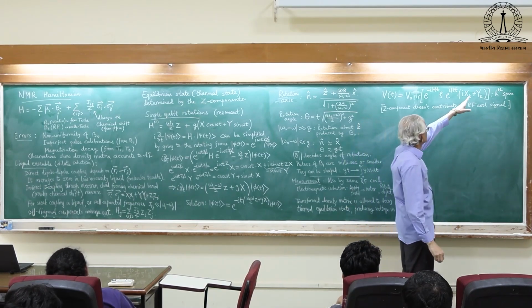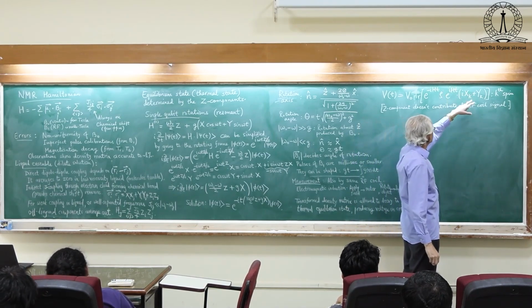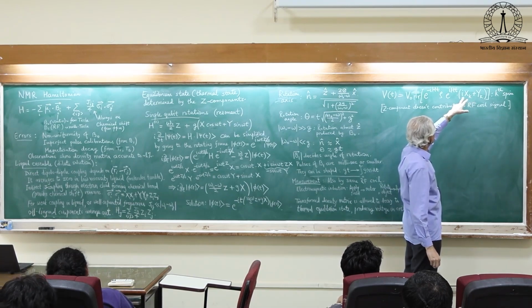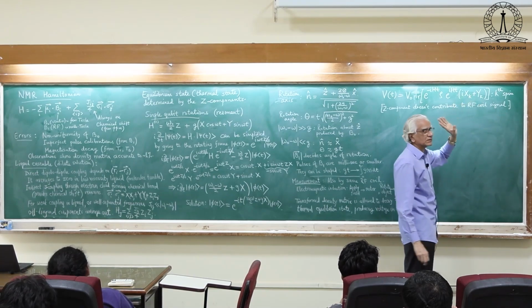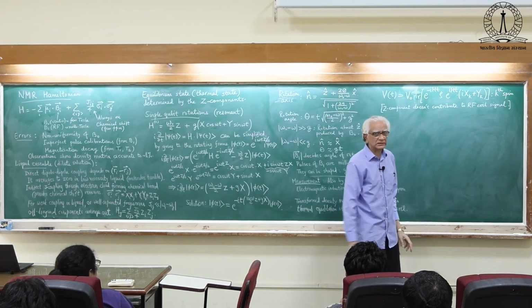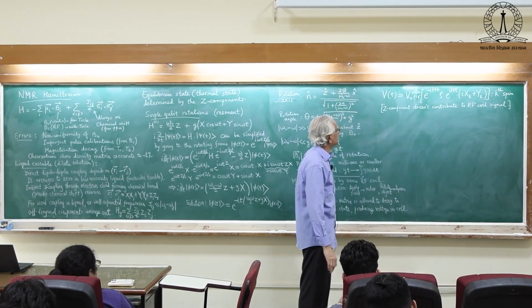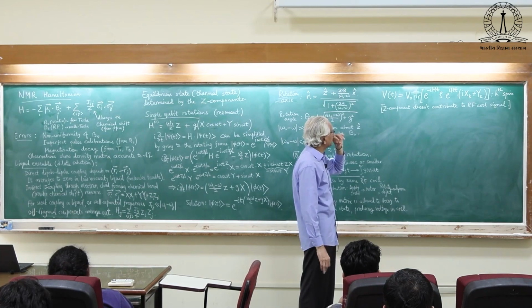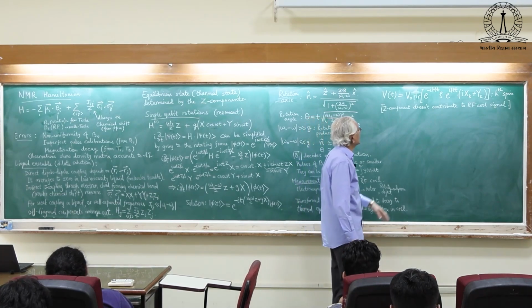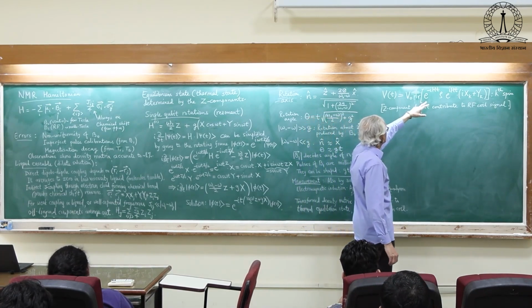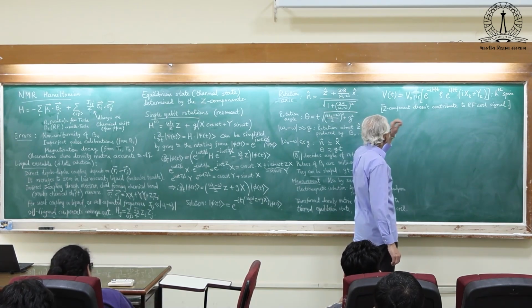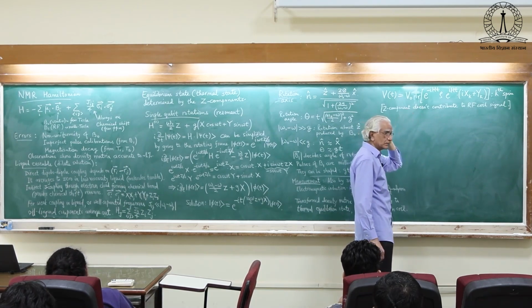And well, this is some vector in the xy plane. Putting an i in front of one of them is a convention, but it's like a complex number. You can measure it, whatever it is. So the question is, what will this produce? Okay.